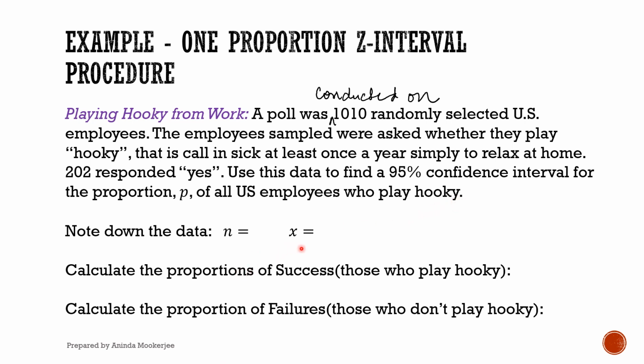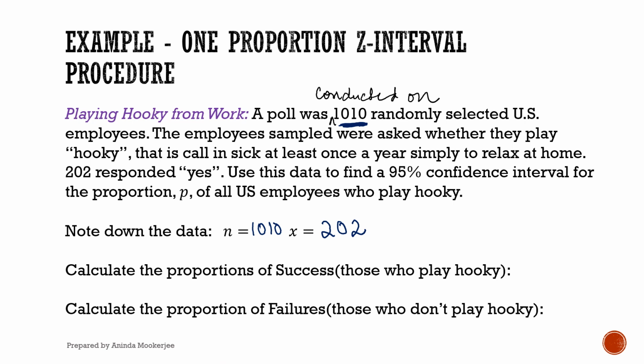So the first step is to note down the data n and x, because we are going to use those values to calculate our proportions. n is 1010, correct? This represents our n. x will represent the number of respondents who said yes. So that's 202. Next, it says calculate the proportion of success, that is those who played hooky once a year.